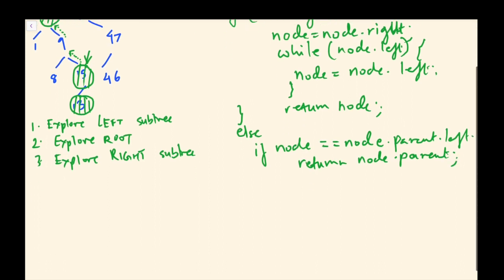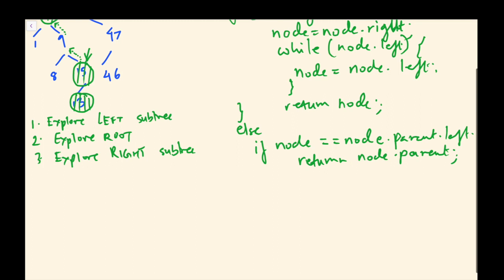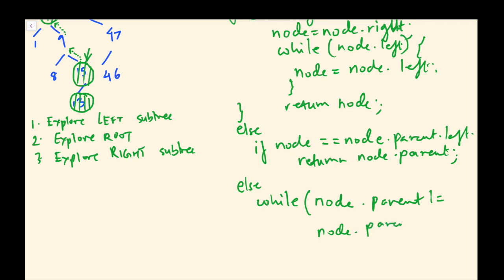Next, we consider the other example of 15 that we considered, which is the else case. In this case, we have a loop where we're trying to find a parent of this node which has the node in its left subtree. So while node is not equal to node.parent.left, node is equal to node.parent.